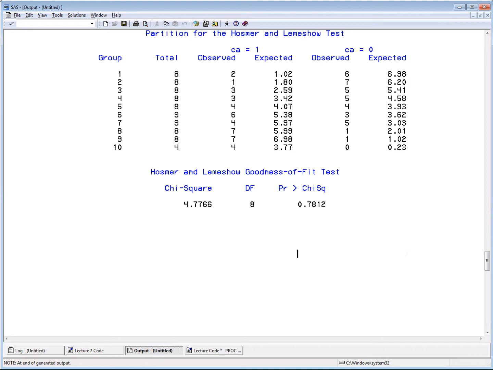That should be intuitive based on how these groups are constructed. Now, the bottom line is at the bottom, where we see our chi-square test statistic, its degrees of freedom, and more importantly, its p-value. The p-value in this case is well above 0.05. So there is strong evidence that we have an adequate fit to the data, that our model fits our data adequately.